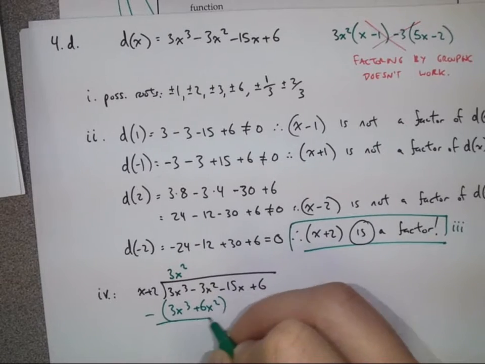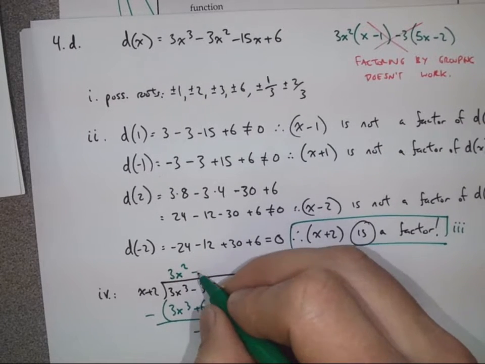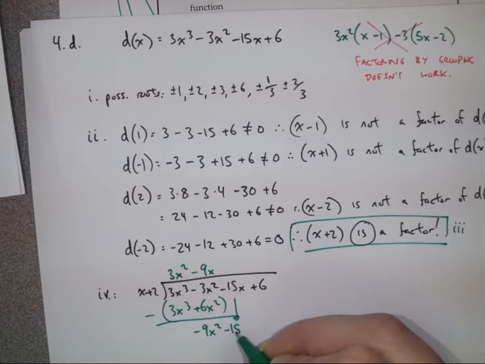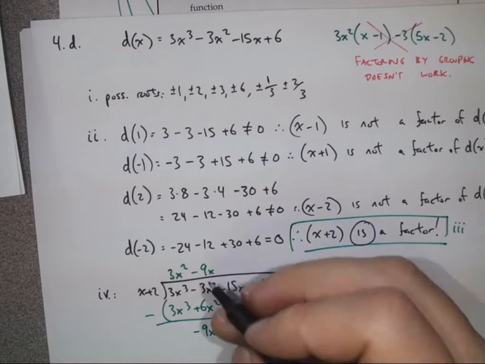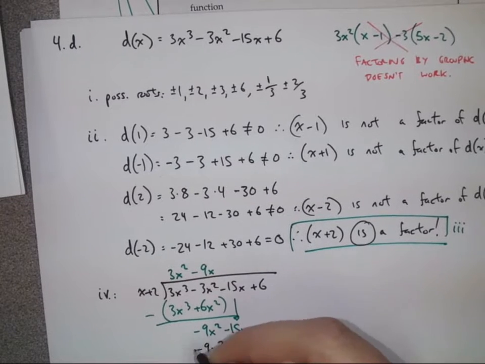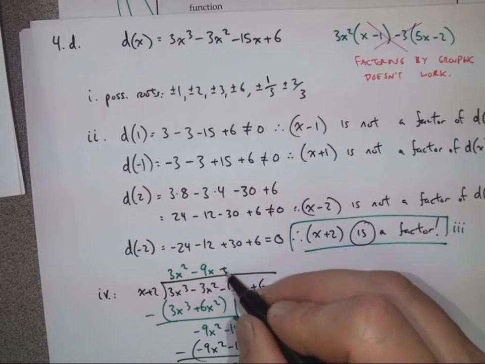I'm going to subtract them, and that's going to give me negative 9x squared, multiply negative 9x. Oh, I forgot to bring down negative 15x. All right, so it's negative 9x squared, take away 18x, subtract those, and it's going to give me 3x plus 6. Last one, plus 3.